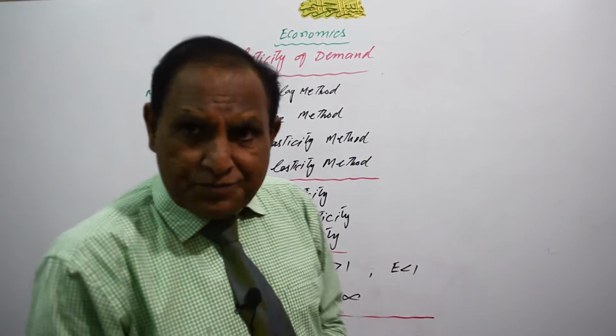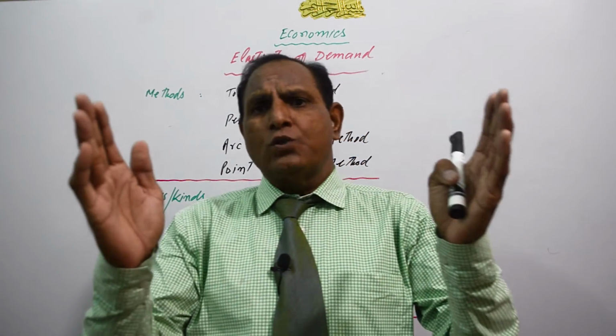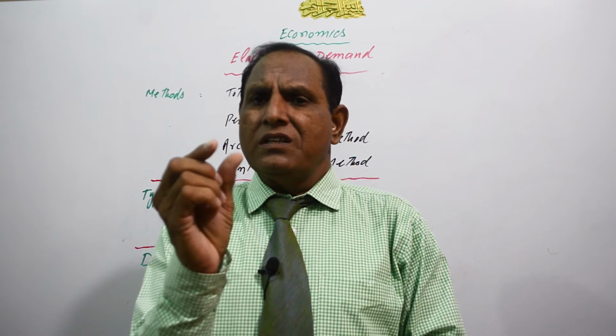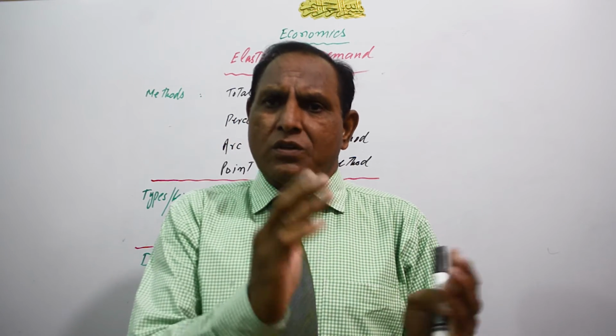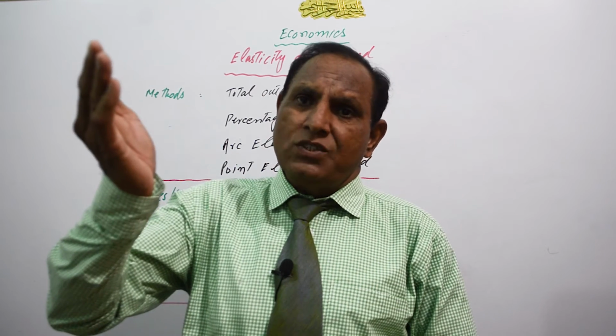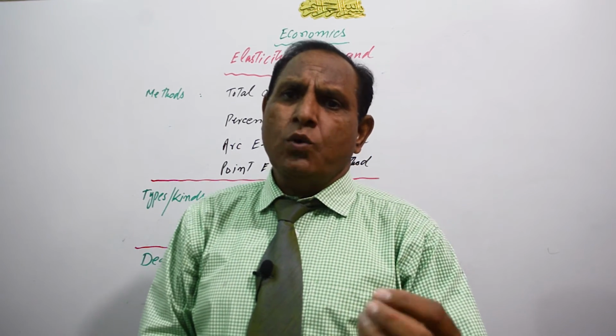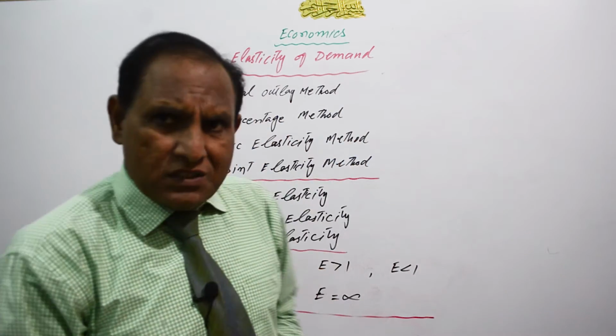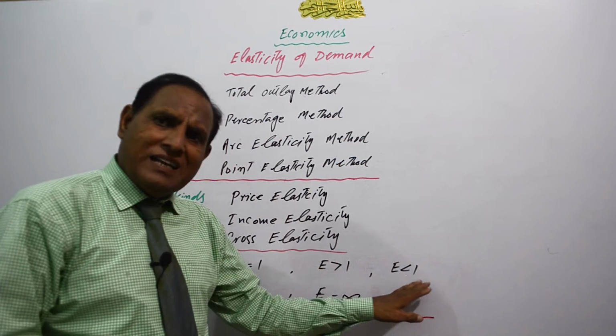It means that there is a lot of change in the price of the goods, but only a little change is seen in the demand for those goods. Say there is a 100% change in price, but only a 10% change in demand. This is known as elasticity less than unity.